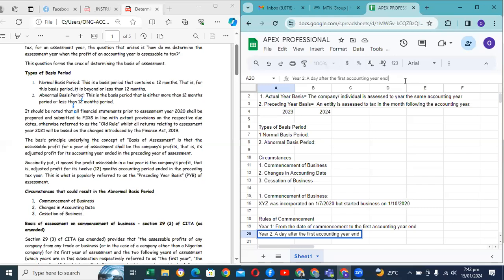Put your phone in portrait, then slide your screen. Slide it to the left. Oh, okay. I've seen it. Thank you. All right, that's fine.